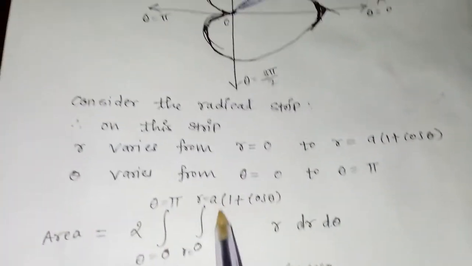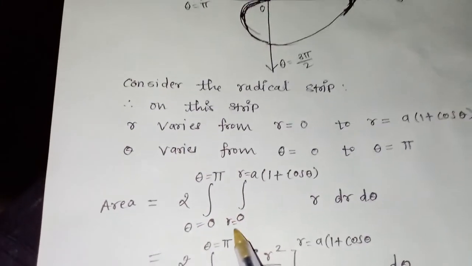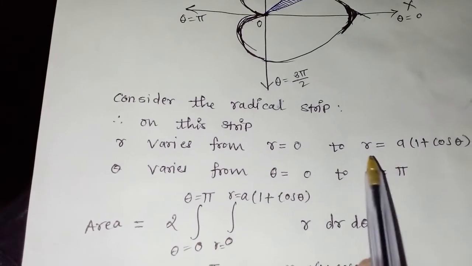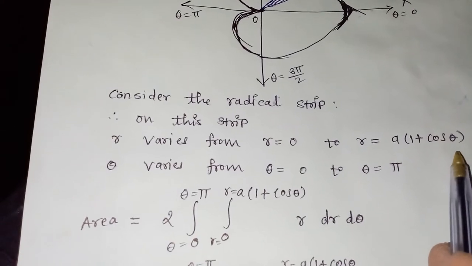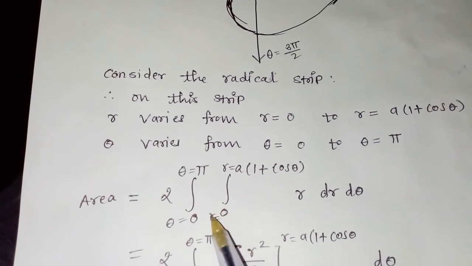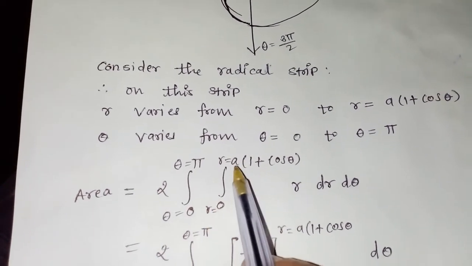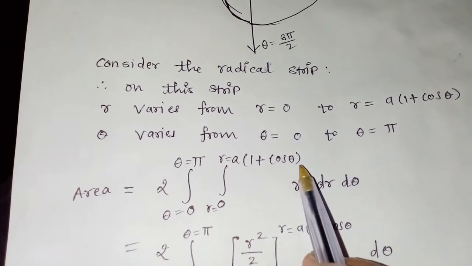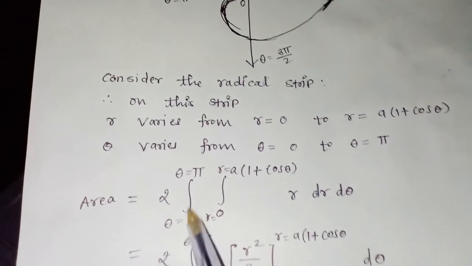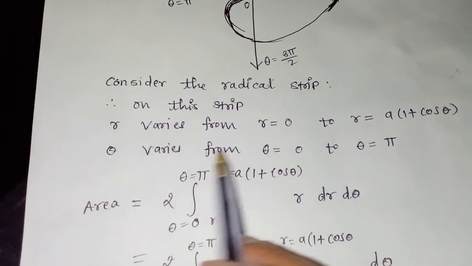Now we have the limit of r, that is r equals 0 to r equals a into 1 plus cos theta. So this inside integral moves from r equals 0 to r equals a into 1 plus cos theta, and for the outside integral, we have to move theta.